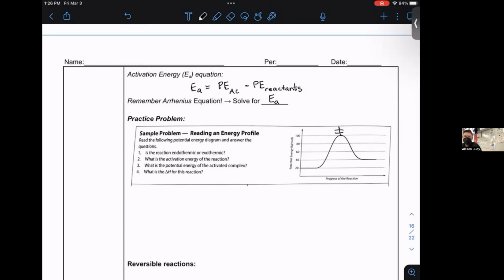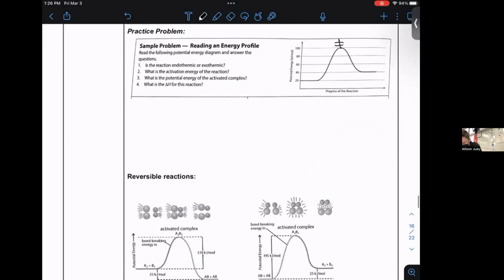Anyway, so much for going fast through this, but we have this Wi-Fi wire symbol that denotes the activated complex. So that's what you're seeing if you see this on a graph of activation energy like this. So go ahead and try this problem.